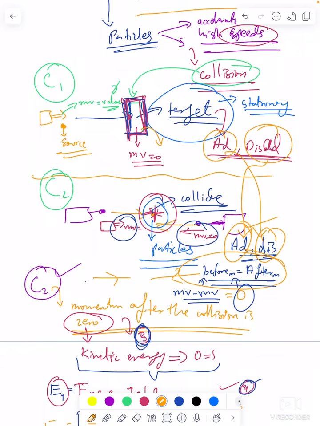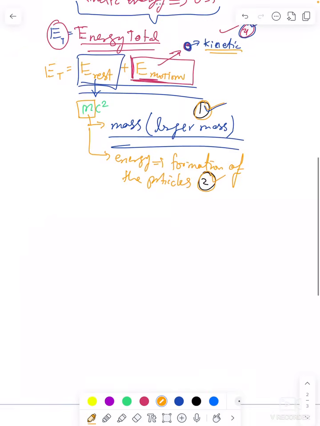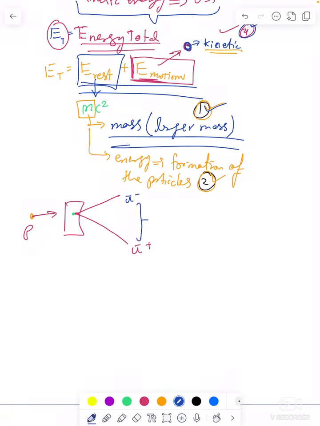So after collision, let's suppose we have a proton, not photon, and it hits a target, and in the target is a particle. After the collision, two particles are made, let's suppose pi minus and pi plus. I know it's not a reasonable collision because it doesn't conserve the loss.